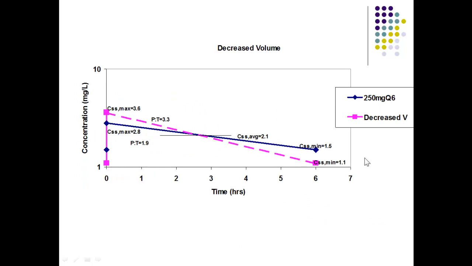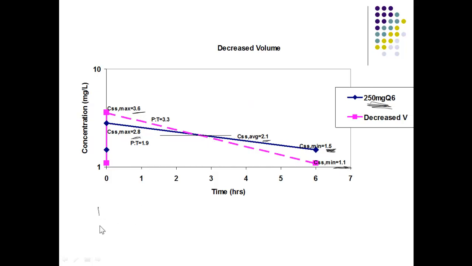Alright, we'll take another look at volume and affecting our peak to trough ratio. Originally, the patient was getting 250 milligrams every 6 hours. Sorry about that little scribble there. Their CSS max was 2.8, CSS average 2.1, and their Cmin 1.5. By decreasing their volume, that increased their max and it lowered their min, but the CSS average stayed the same.